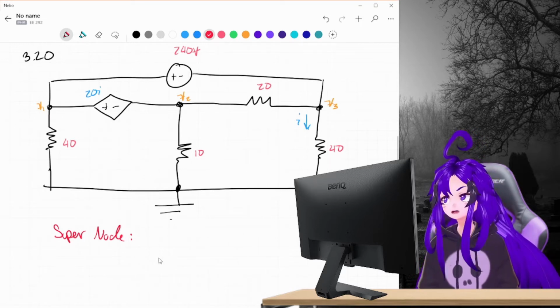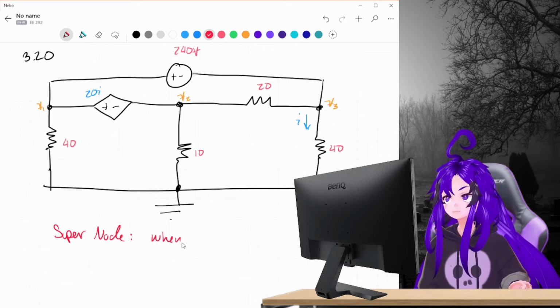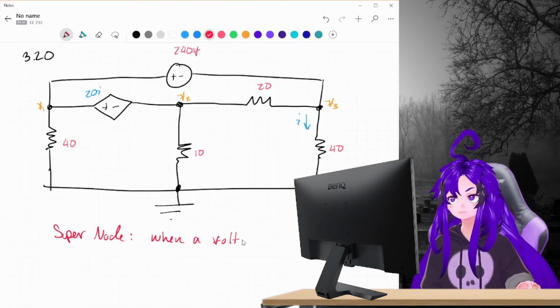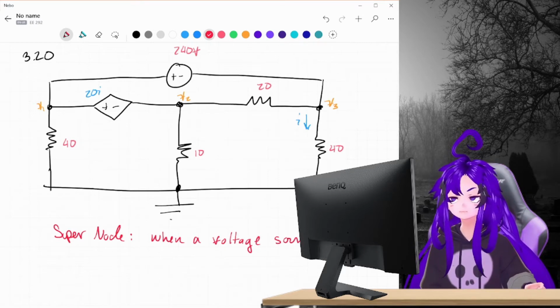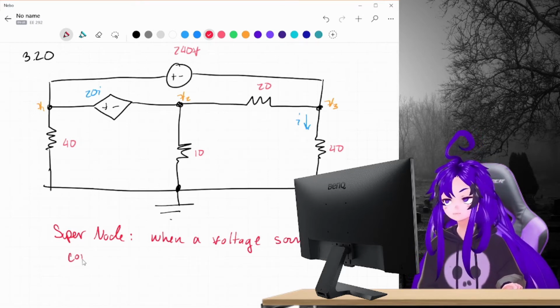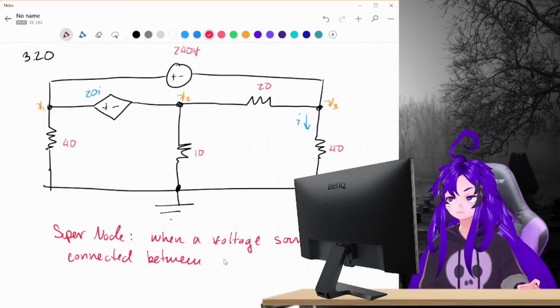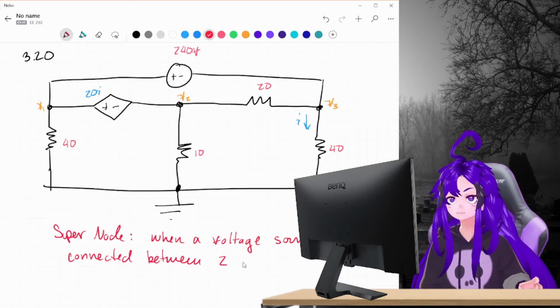So I'm gonna put that down here real quick. And this is in your textbook. I believe it's page 110.